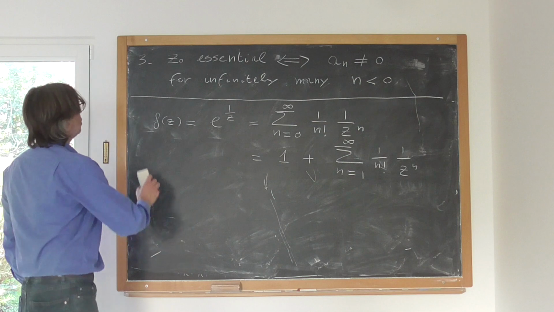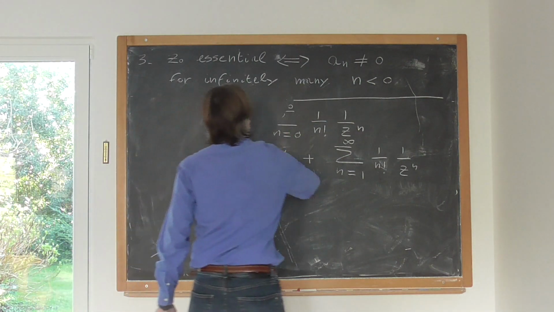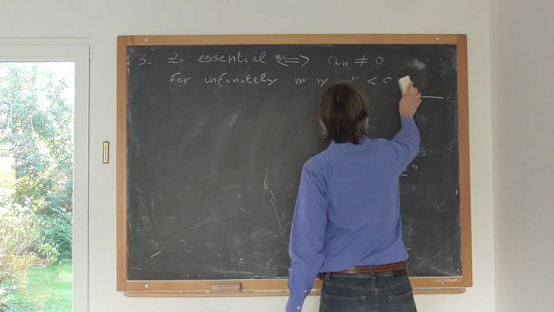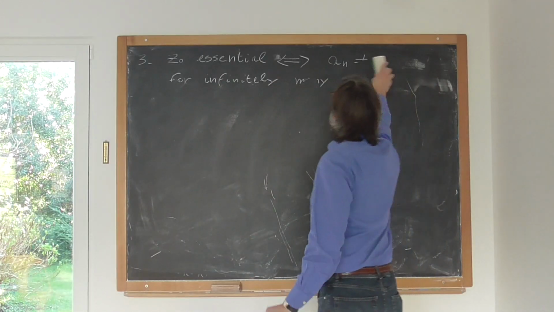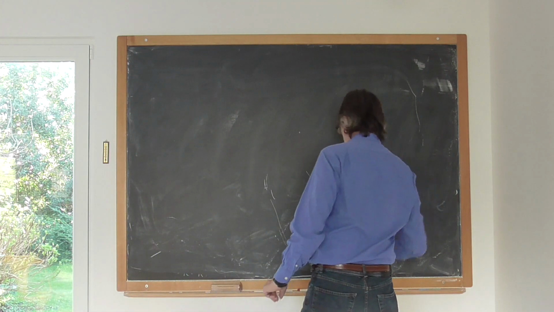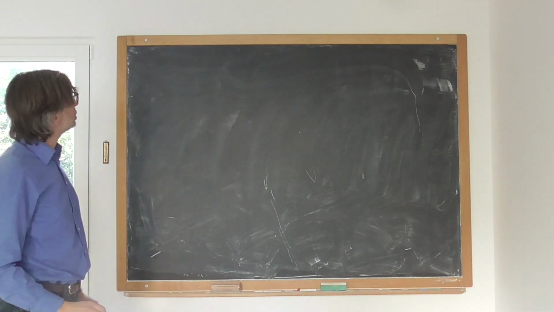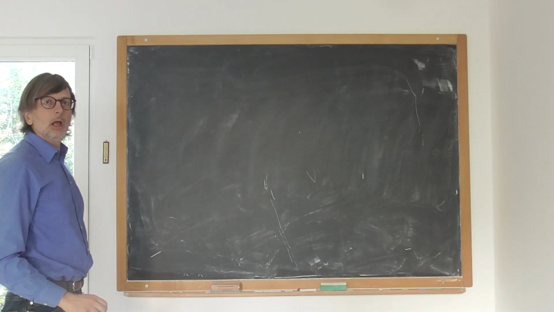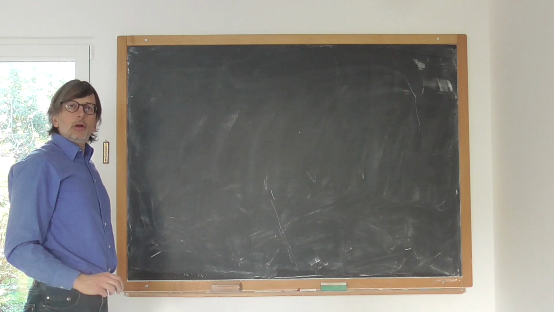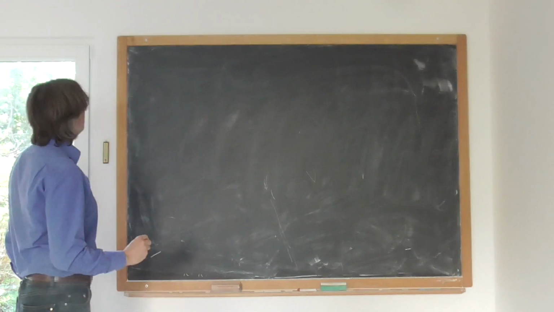Now I would like to tell you just a little bit more about how you create functions with poles and something about essential singularities. But first we deal with poles. So recall something about zeros of a holomorphic function.